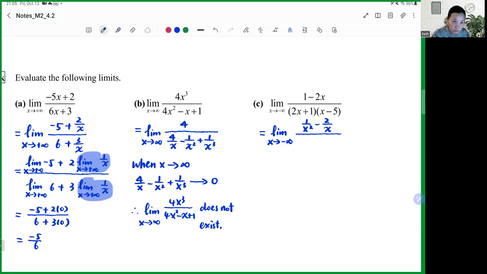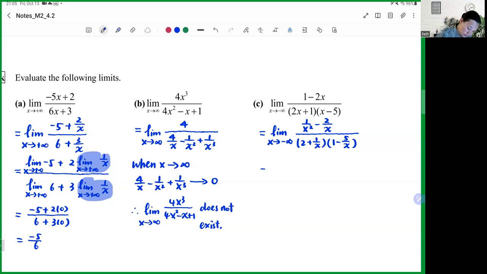When I divide x squared, this becomes 1/x squared. This becomes 2/x. And since I'm dividing x squared, I'm actually dividing x in this bracket and dividing x in the second bracket. So together it counts as 2 times. So you don't have to expand. Expanding it takes time. Takes time is not wrong, it's just not necessary.